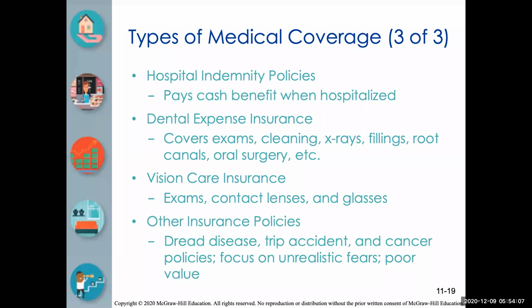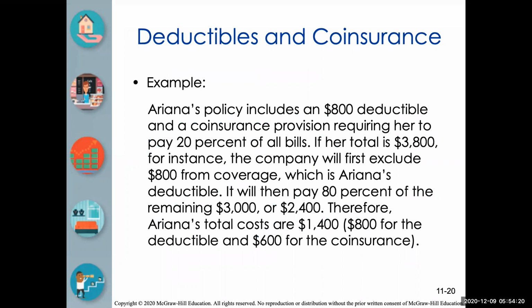So when we get into what's next about deductibles and co-insurance, we're going to get into an example of how all this comes together. We're going to look at this lady, Ariana, and her policy is going to have an $800 deductible, and she's got an 80/20 co-insurance. So she just received this hospital bill, $3,800.